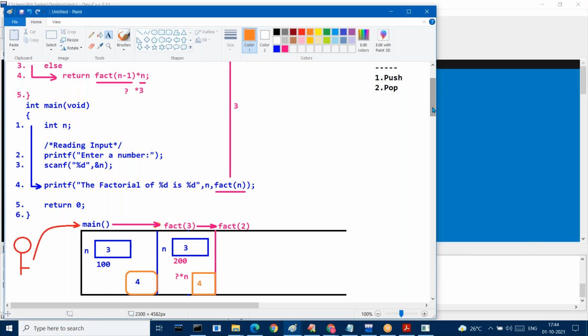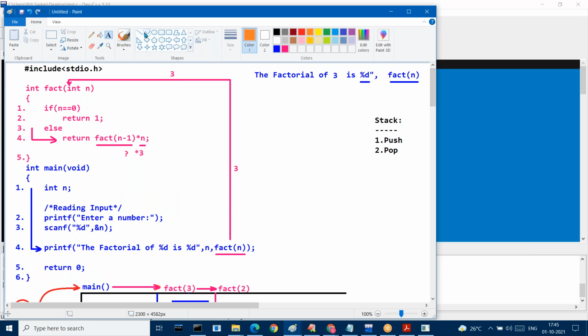And for that purpose, he made a function call to himself. That means, sir, again the function will be executed. But this time with what value? This time with the value 2.